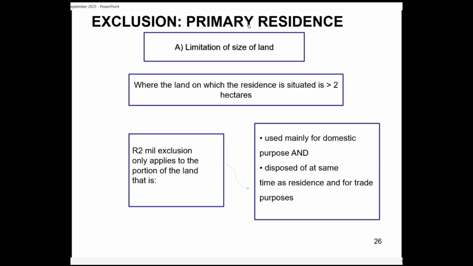Remember, we also have the limitation on the size of the land, where the land on which the residence is situated is greater than 2 hectares. The 2 million exclusion only applies to the portion of land that is used mainly for domestic purposes.